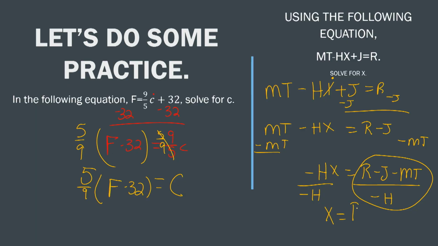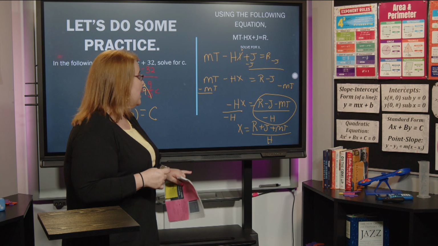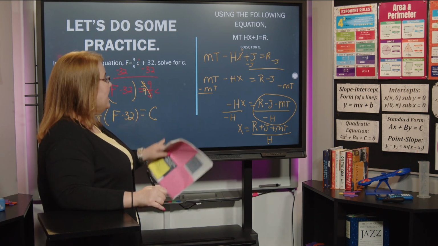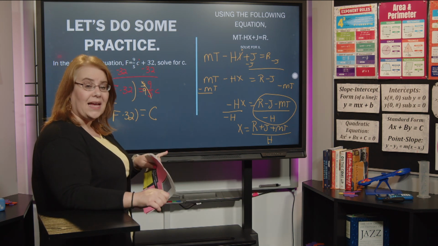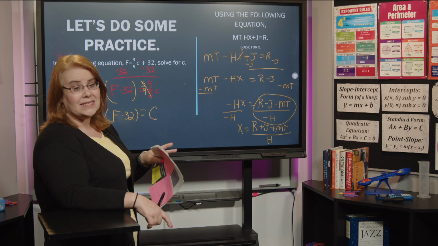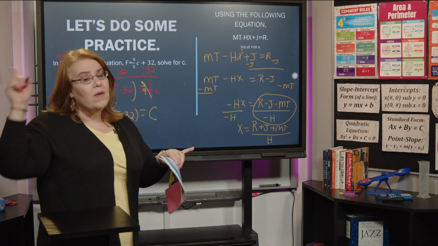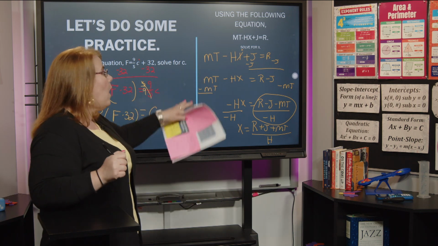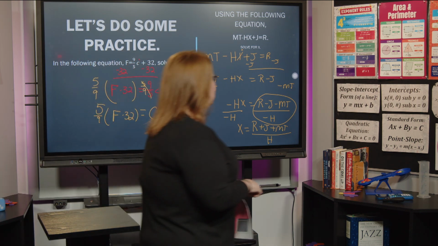So I have r, negative and negative is a positive, negative and negative is a positive. So x equals r plus j plus mt divided by h. Remembering that negative divided by negative is a positive. We always want to make sure that we remember those past rules while we're doing these. All right, so let's look at some more.